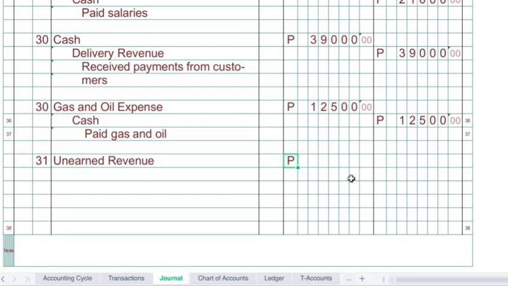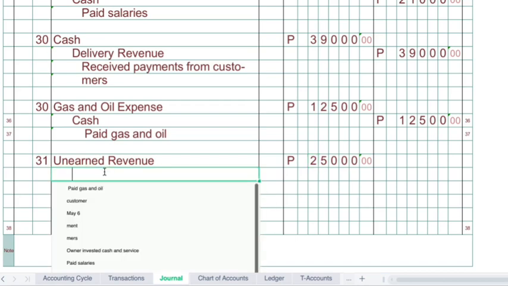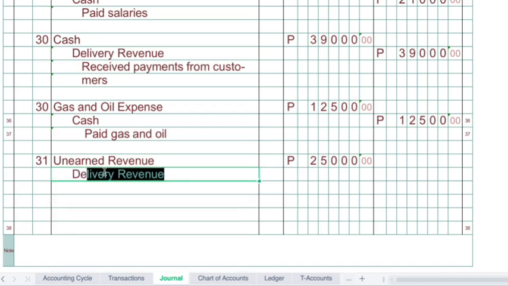So, yun din yung amount na ilalagay natin dito. So, 25,000. And then, we will credit. Okay, re-record na natin yung delivery revenue natin. Which is 25,000.